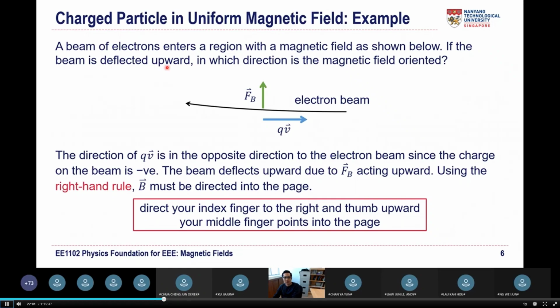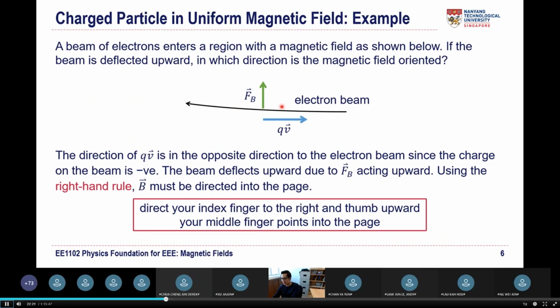If the beam is deflected upward, in which direction is the magnetic field oriented? So this is an electron beam, moving from right to left. But when the electron beam is moving from right to left, in which direction is the charge Q moving?